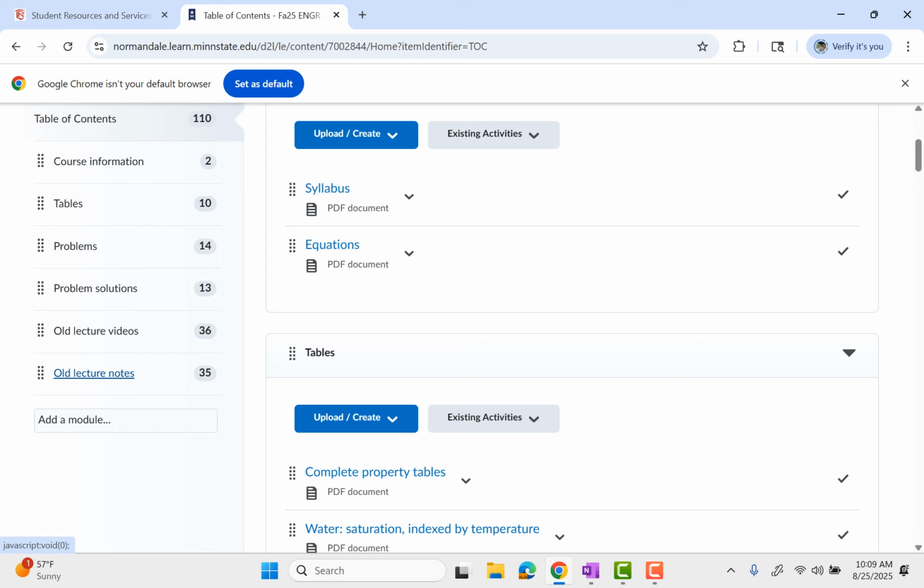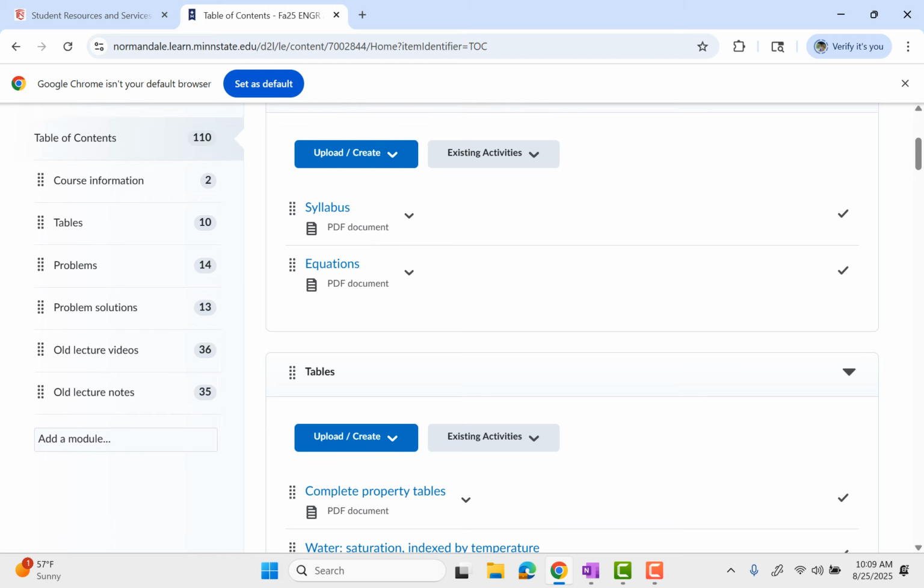Also, sometimes it can be helpful if you don't understand the way I'm explaining something this semester. It'll just be worded a little differently in the previous semester, so that might help a little. Most of this stuff is going to be pretty similar semester to semester.